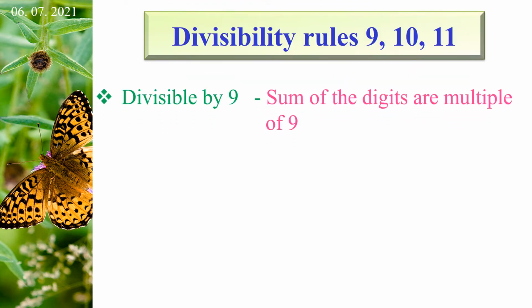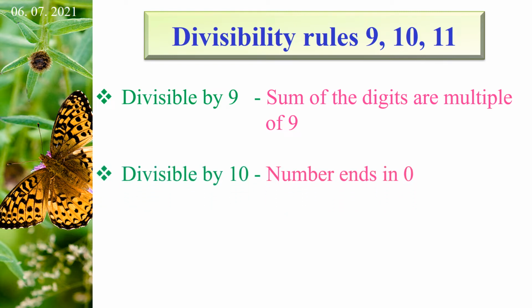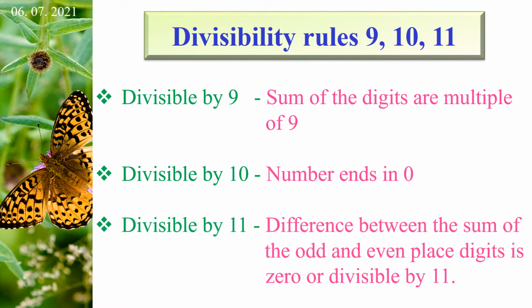Next, a number is divisible by 9 if the sum of the digits is a multiple of 9. A number is divisible by 10 if the number ends in 0. The last one, a number is divisible by 11 if the difference between the sum of the odd place and even place digits is 0 or divisible by 11.